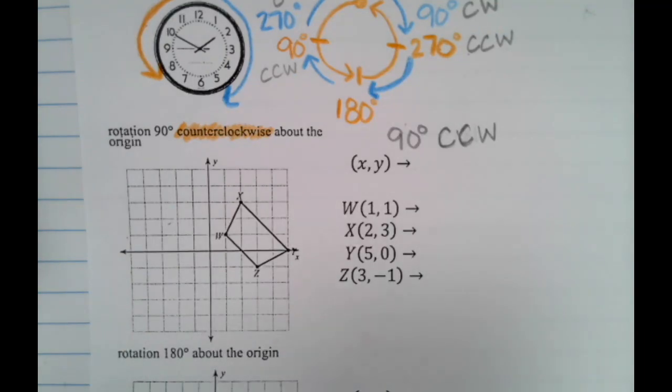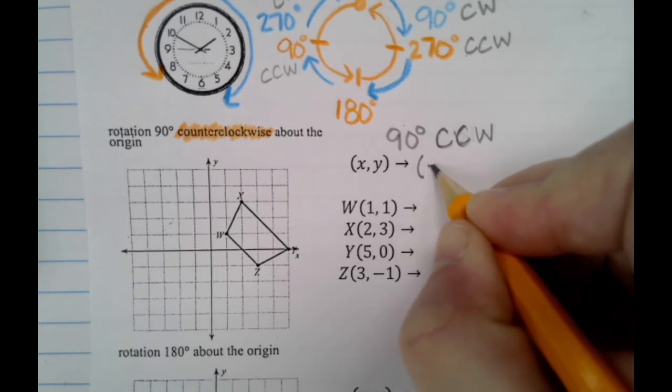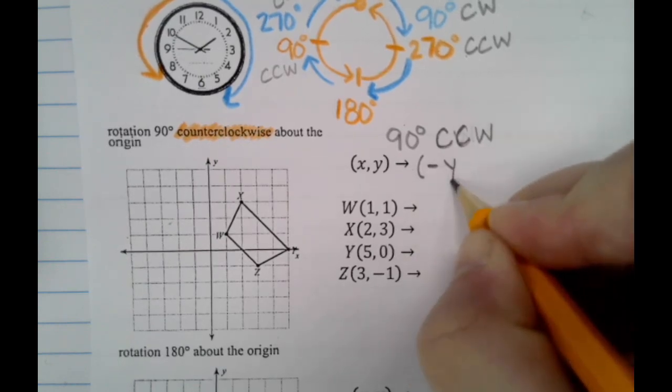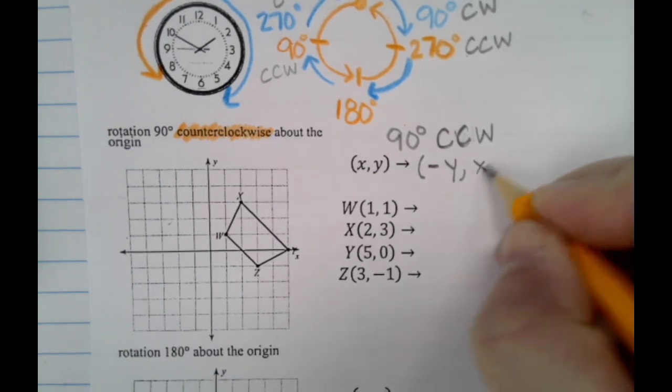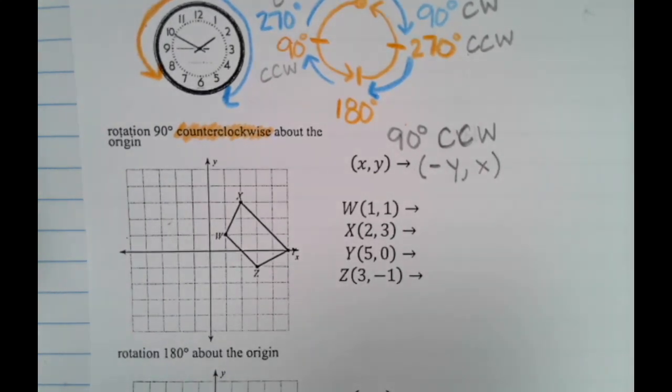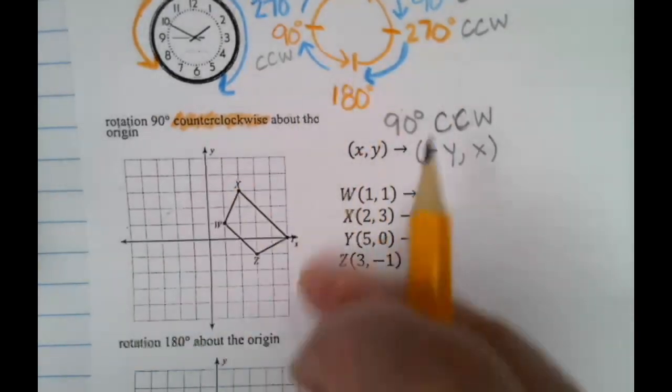Our rule is that (x, y) is going to change to (opposite y, x). So what that means is when I look at these, I already found the ordered pairs for this.